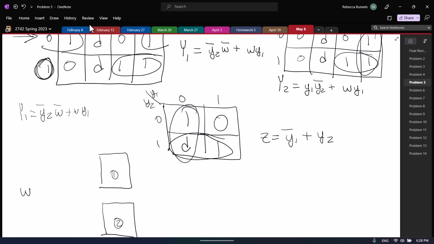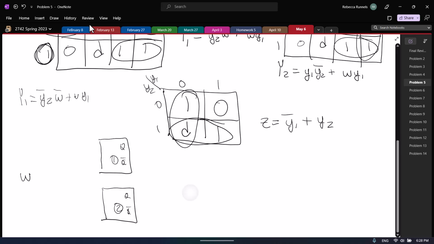Okay, so here's Q and Q bar, Q and Q bar. I actually used the Q bar from the D flip-flops rather than a not, but you can also use a not.